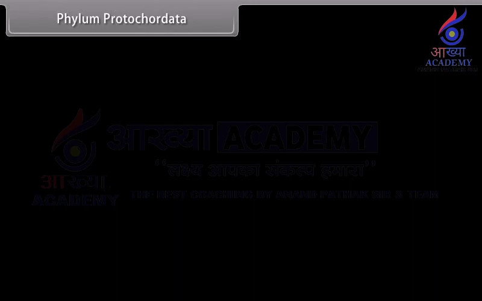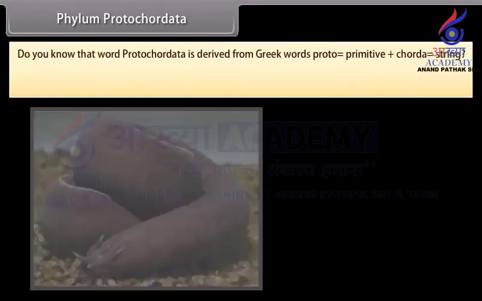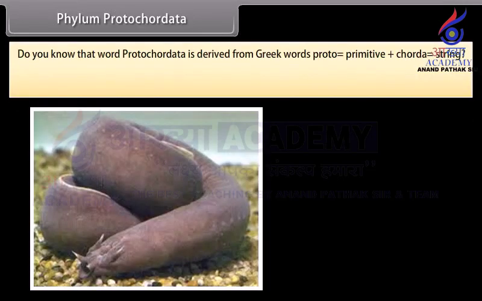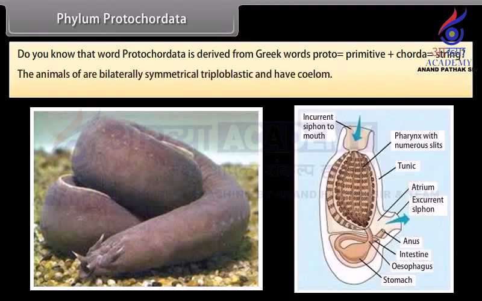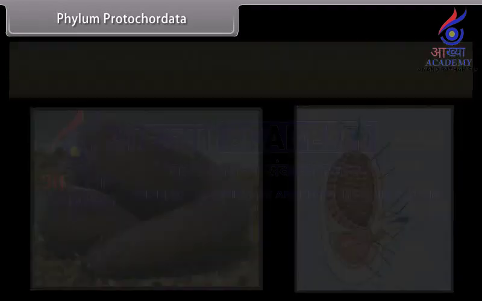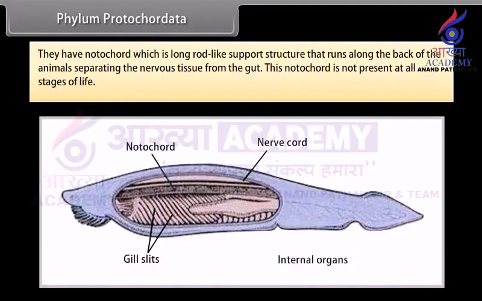Phylum Protochordata. Do you know that the word protochordata is derived from Greek words, proto meaning primitive plus chorda meaning string? The animals are bilaterally symmetrical, triploblastic, and have coelom. They have a notochord, which is a long rod-like support structure that runs along the back of the animals, separating the nervous tissue from the gut.